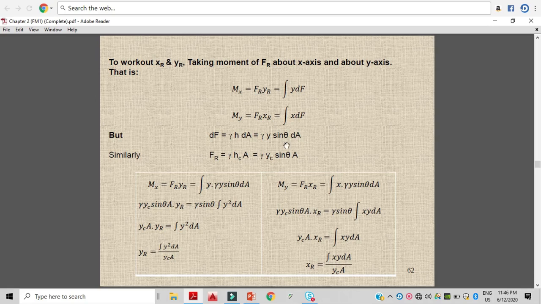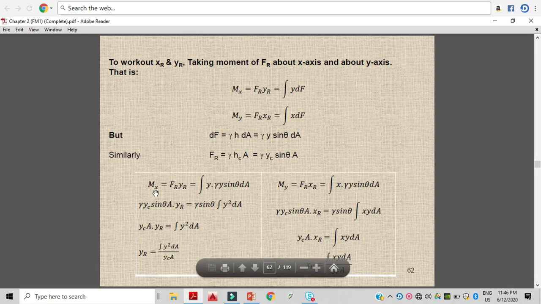So in the same way we can write down FR is equal to, that we have derived already, gamma hc into A, and then we replace hc with yc sine theta, so it will become gamma yc sine theta. We replace hc with yc sine theta, and h we replace with y sine theta. Now we are going to insert the value here for FR in the form of theta.